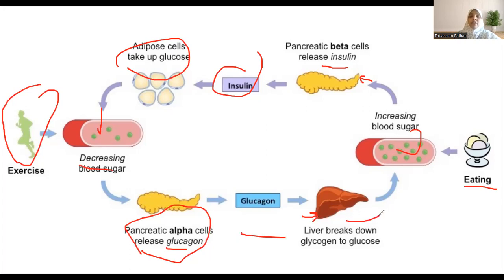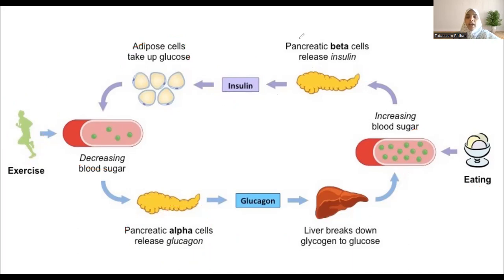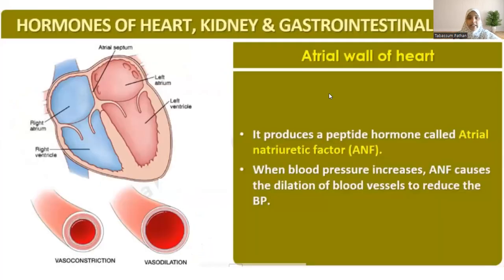Okay, then this glucose will be directly directed into the bloodstream, and then the normal blood level will be achieved. Okay, so beta cells will release insulin, alpha cells will release glucagon. Insulin in case of high blood sugar, and glucagon in case of low blood sugar. Okay, this is a cycle that goes on inside the individual on occasions of eating and exercising.